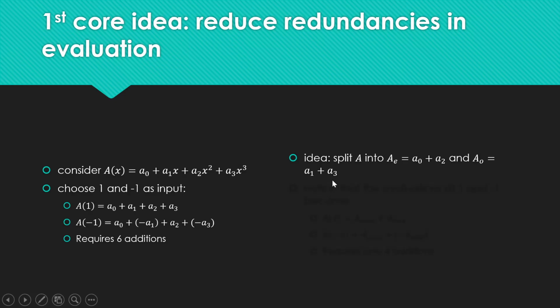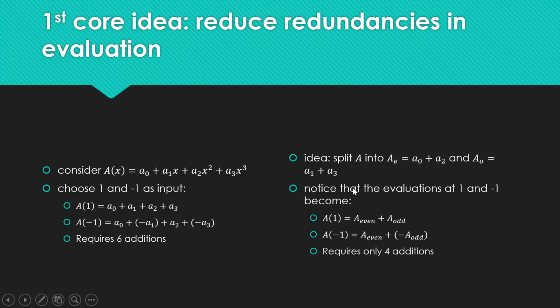So the idea is to split A into 2. That would be A even and A odd. For A even, we only take the even index coefficients. So that would be a0, a2. For A odd, that would be a1 and a3. So what happens if we use 1 and negative 1 here?